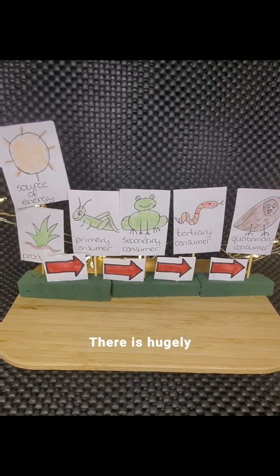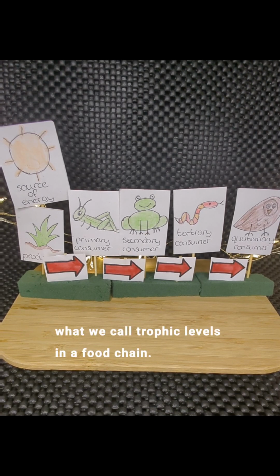There is usually never more than 5 levels, what we call trophic levels, in a food chain. And usually only a maximum of 10% of the energy is passed on from one trophic level to another.